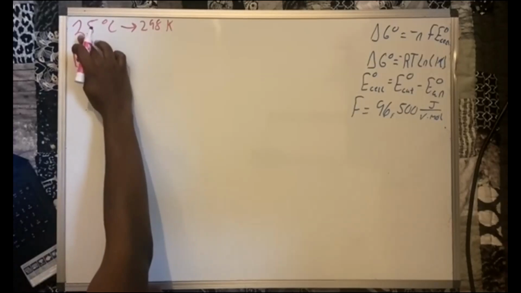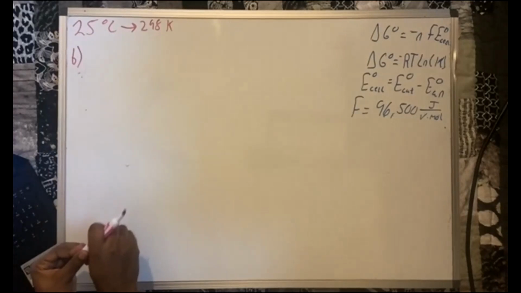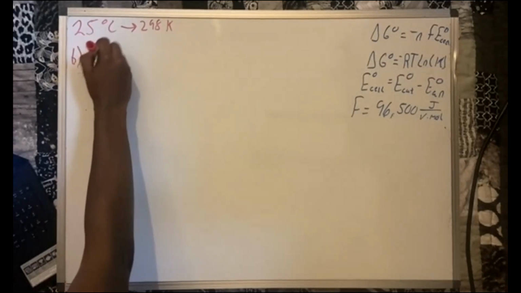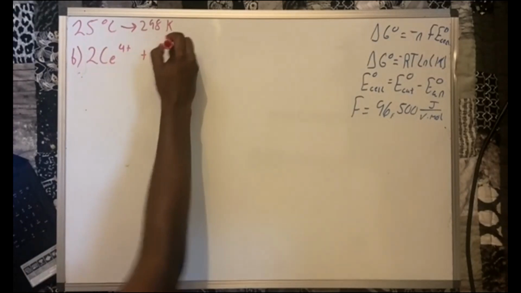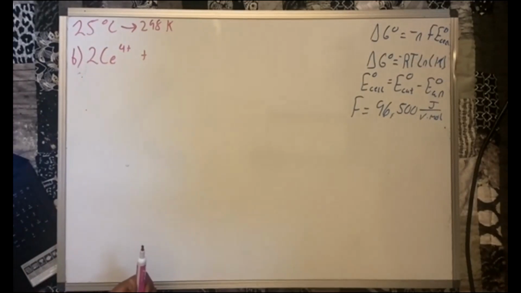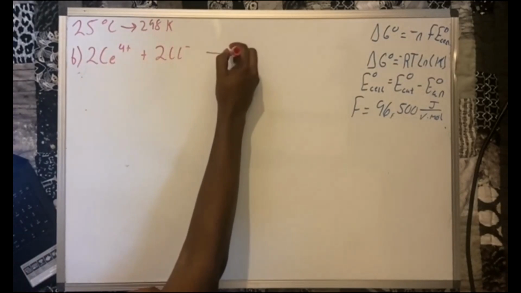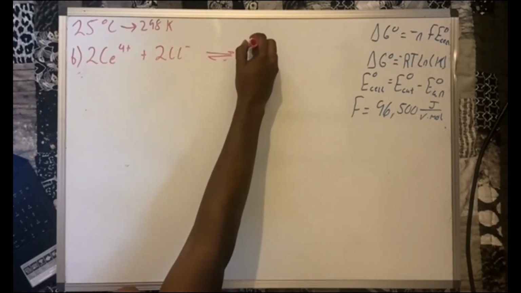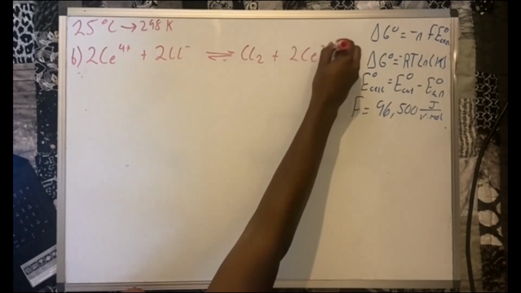It doesn't take into account the coefficients. It's weird. Oh yeah, stoichiometry doesn't matter. Yeah, that's right. So 2 Ce4+ plus 2 Cl minus goes to, in equilibrium with, Cl2 plus 2 Ce3+, right?